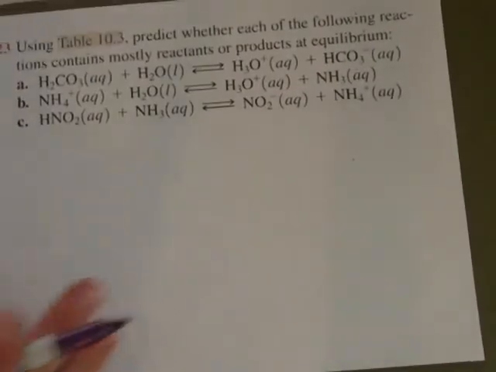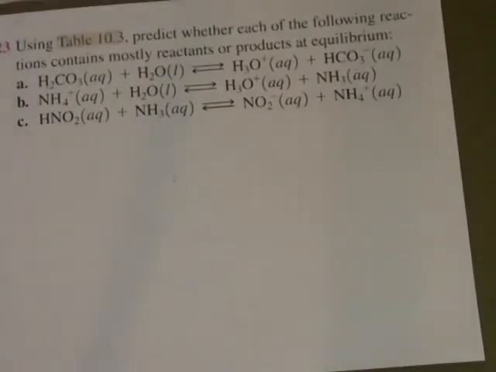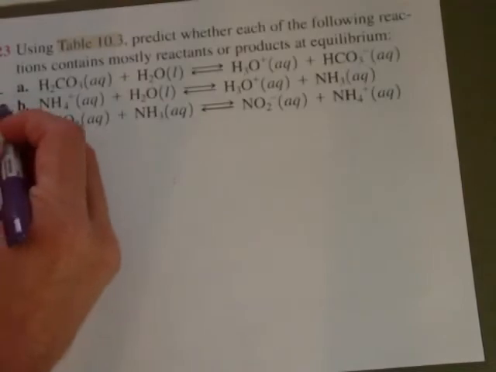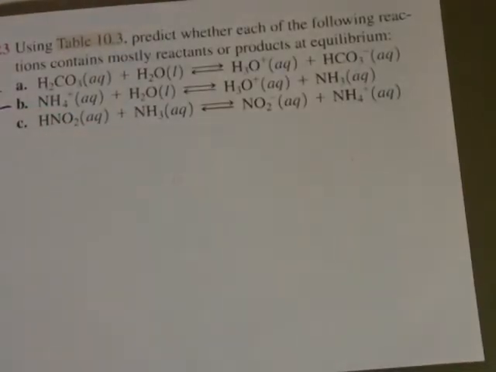And 10.23 is asking us to predict whether each of the following is going to contain mostly reactants or mostly products. So we'll just look at A and B, and it asks us to look at table 10.3 to help assist us. If we look at A, we have carbonic acid, H2CO3.